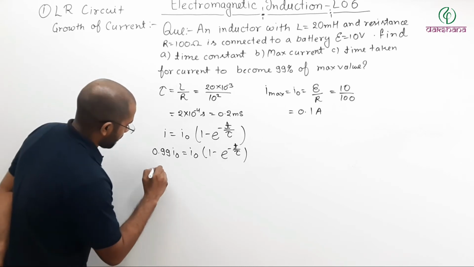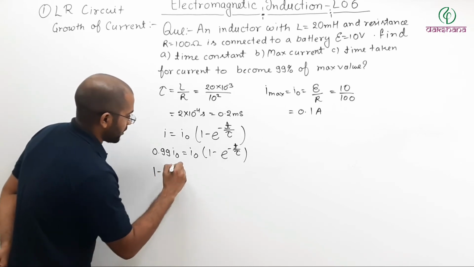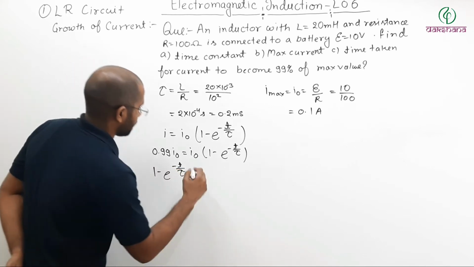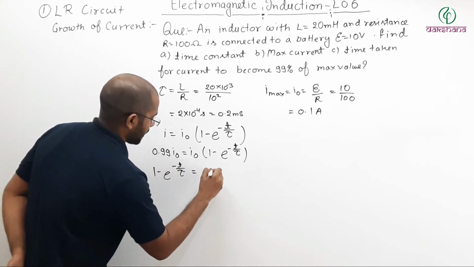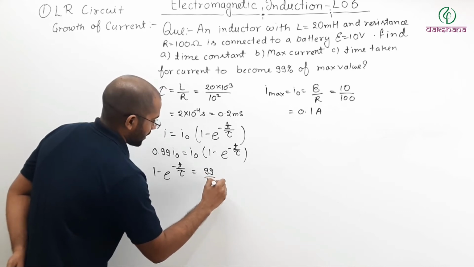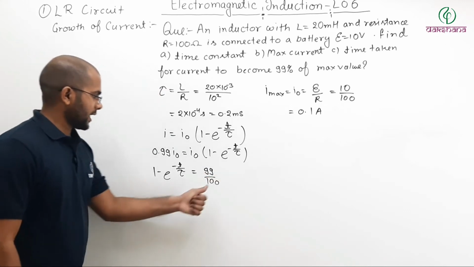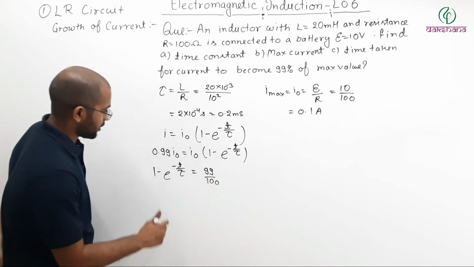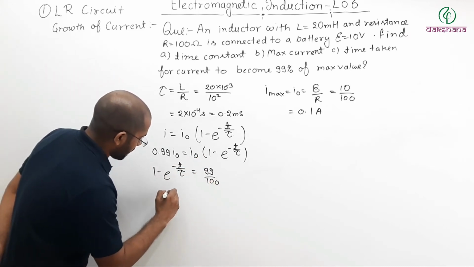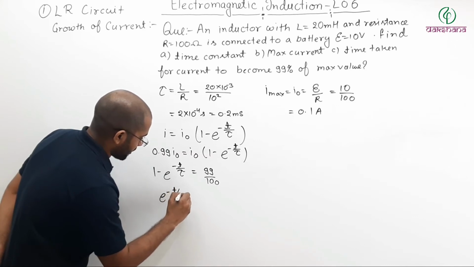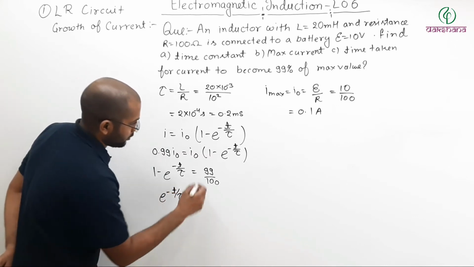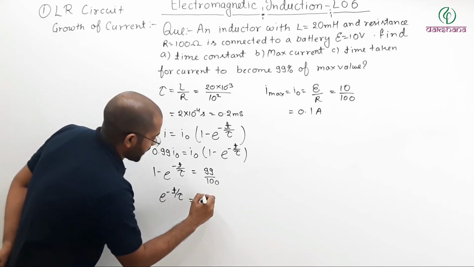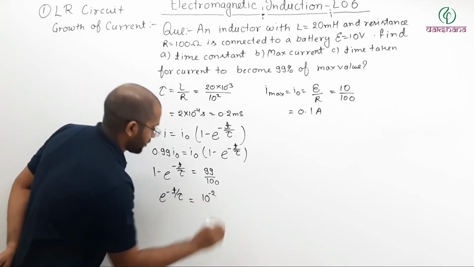So 1 minus e to the power minus of t divided by tau would be equal to 99 divided by 100. Take 99 by 100 this side, e to the power minus t by tau that side. What it will be? E to the power minus t divided by tau will be equal to 1 minus 99 by 100, that would be 1 by 100. So 10 to the power minus 2, like this.